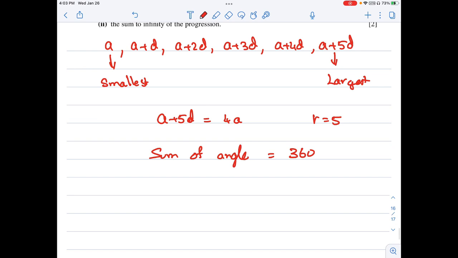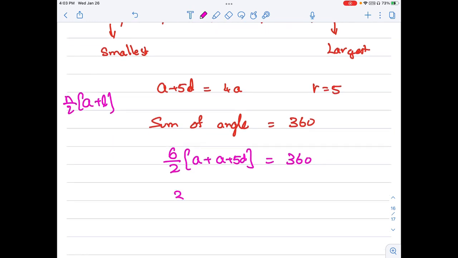So, we can use the formula n upon 2 times first term plus last term. So n is nothing but 6 upon 2. First term is a and the last term is a plus 5d. Should be equal to 360. So 3 times 2a plus 5d is equal to 360. So 2a plus 5d is equal to 120.